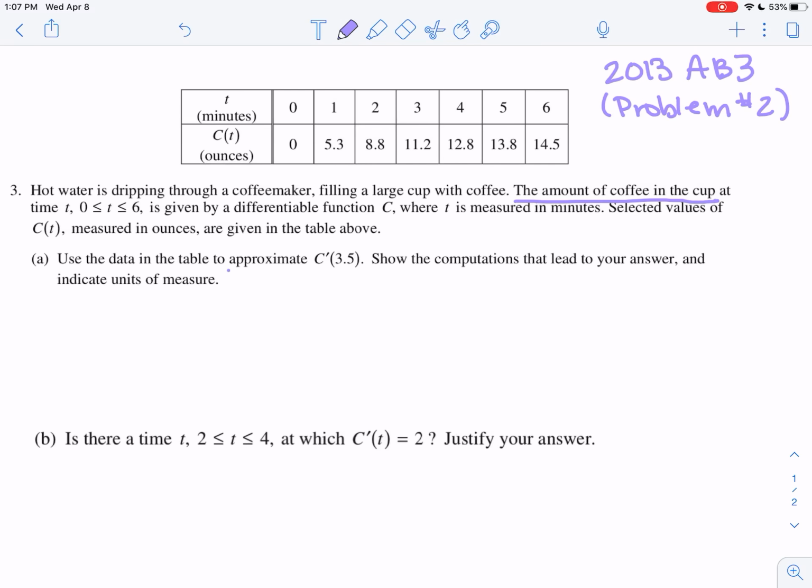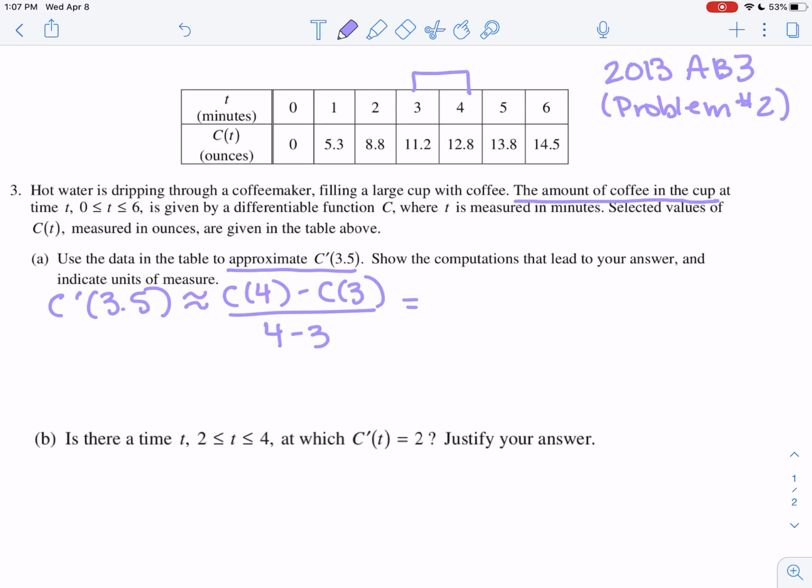If I want to approximate a derivative, which is the slope of the tangent line, at one point, I can approximate it going around 3.5, so I would choose 3 and 4. So c prime of 3.5 is approximately c of 4 minus c of 3 all over 4 minus 3.